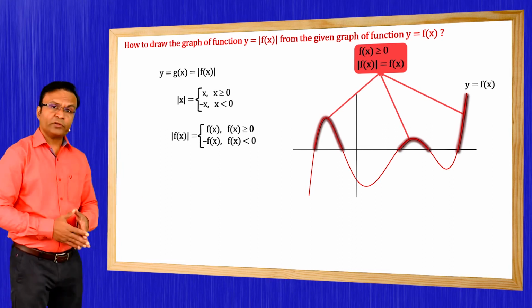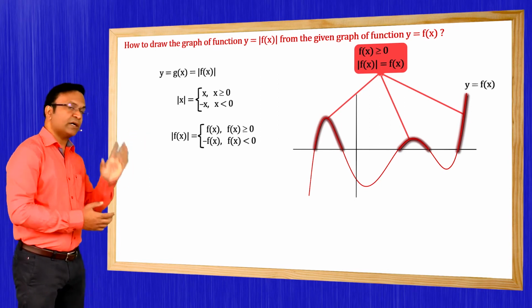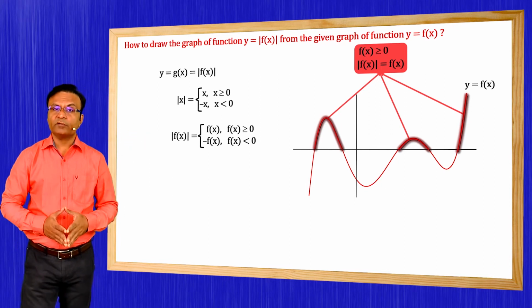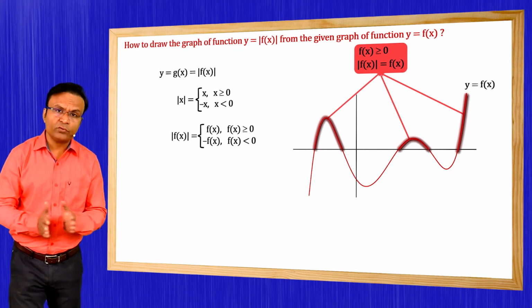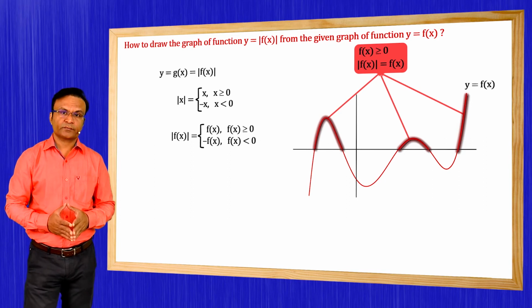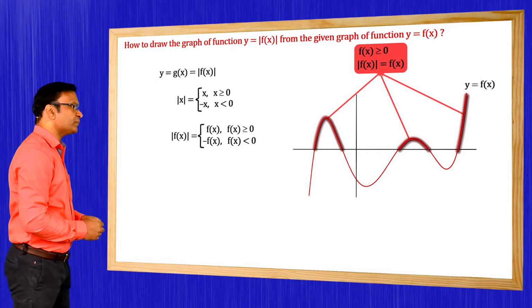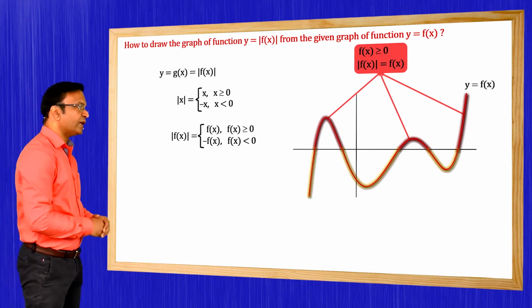For this, modulus of fx is same as fx. So these parts constitute the graph of function y is equal to mod fx when fx is greater than or equal to 0. Now consider these parts which are lying below x-axis.